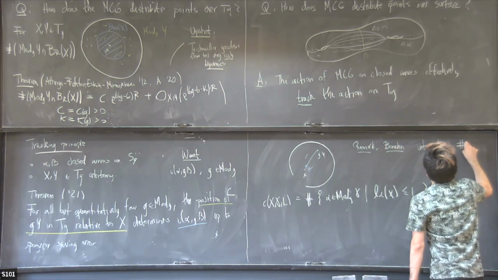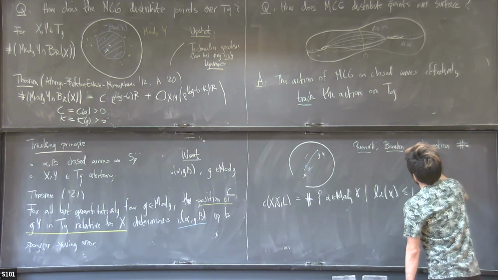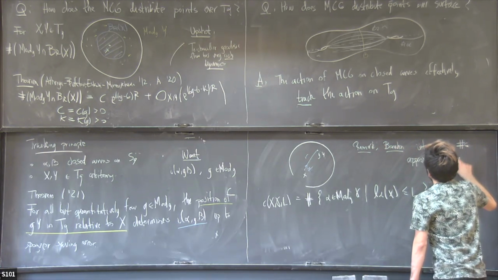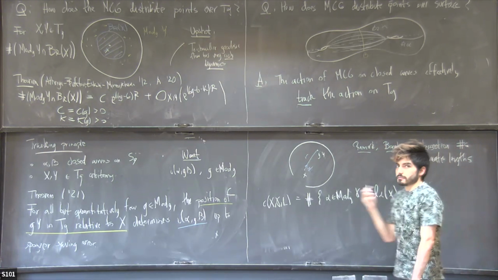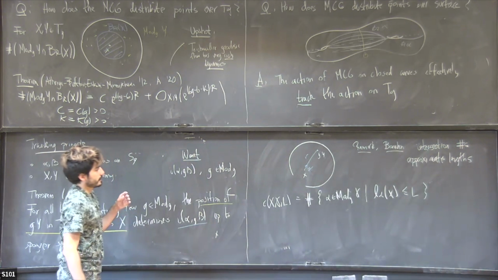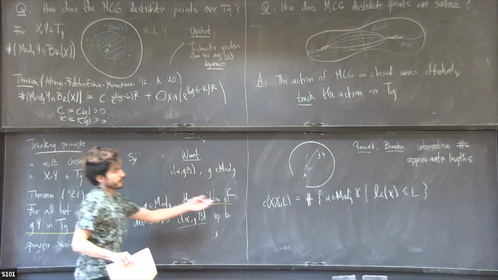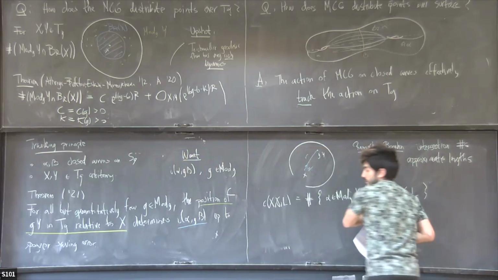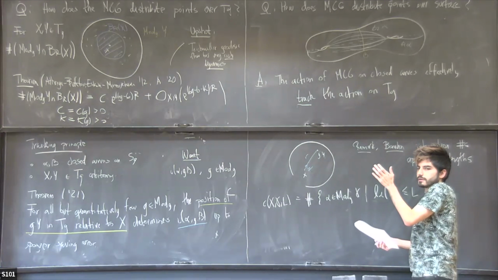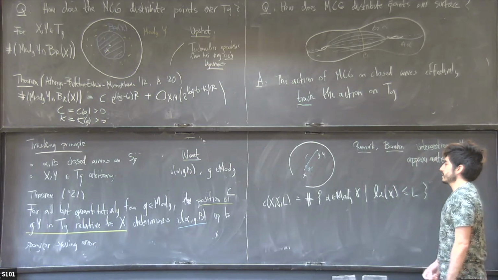I would like to say more, but I'm running short on time. So from information about these intersection numbers, you will get information about this length for this hyperbolic metric. This even works for any negatively curved Riemannian metric, so it's even more powerful. But in our case, we can use it for that.